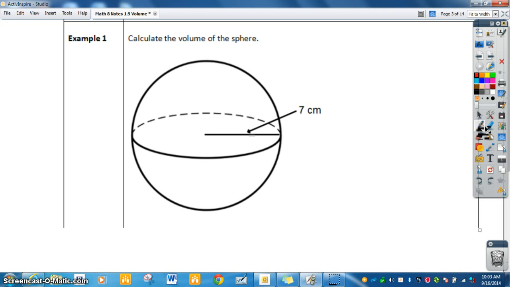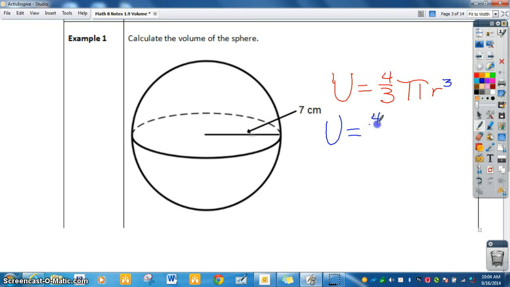So what you need to show in your work so you don't end up in lunch detention is, the formula is volume equals 4/3 pi r cubed. It's not squared. It is cubed. That's a difference. It's radius cubed.